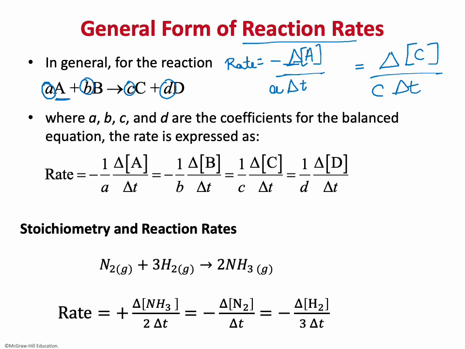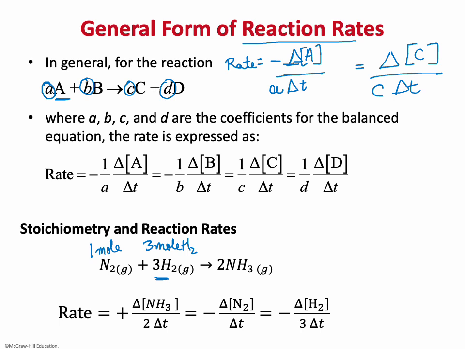What does that mean? For example, let's take a look at a chemical reaction: N2 plus 3H2 gives you 2NH3. From stoichiometry, you might remember that for this reaction, for every 1 mole of nitrogen, we need 3 moles of hydrogen, which means when you lose 1 mole of nitrogen, you are also losing 3 moles of hydrogen at that time, which means hydrogen is disappearing 3 times faster than nitrogen.